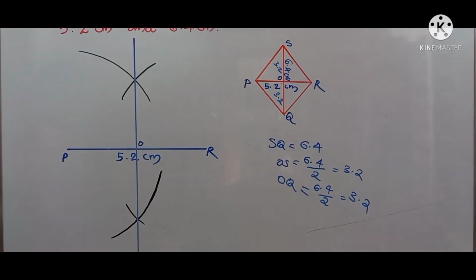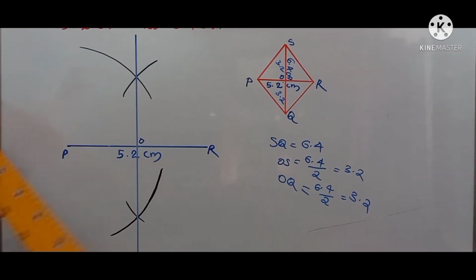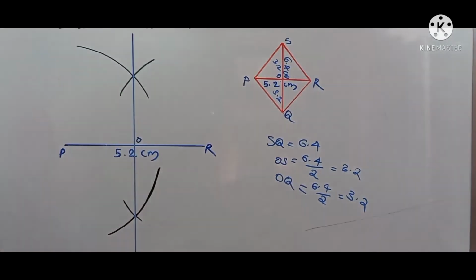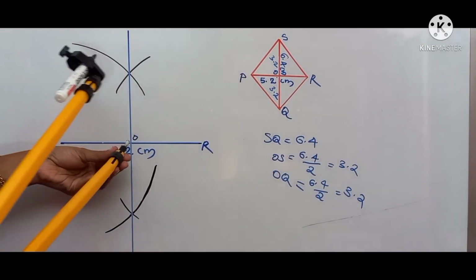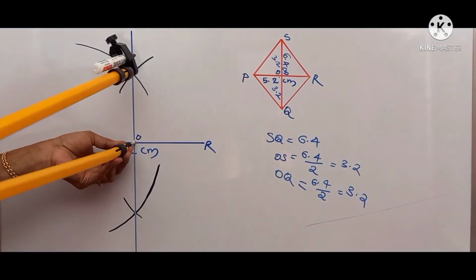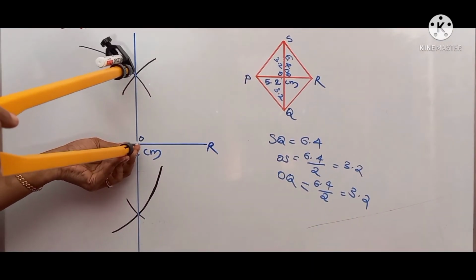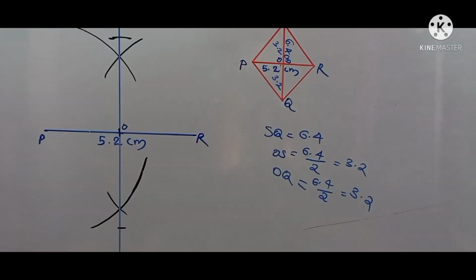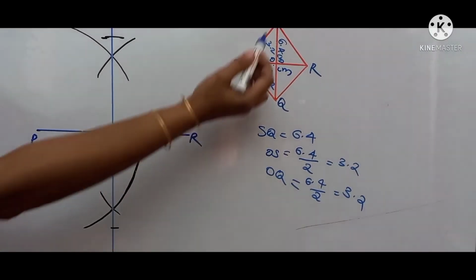So we have to take our compass and measure that 3.2 and, pointing on O, draw an arc up and down. Now we have got the points.